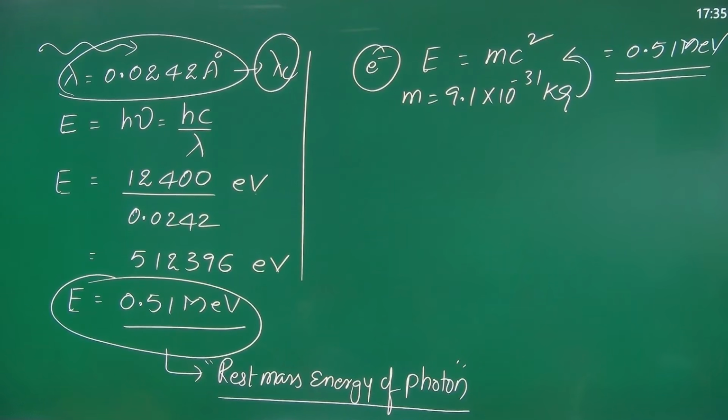That's why a photon with the Compton wavelength has energy equal to the electron's energy.